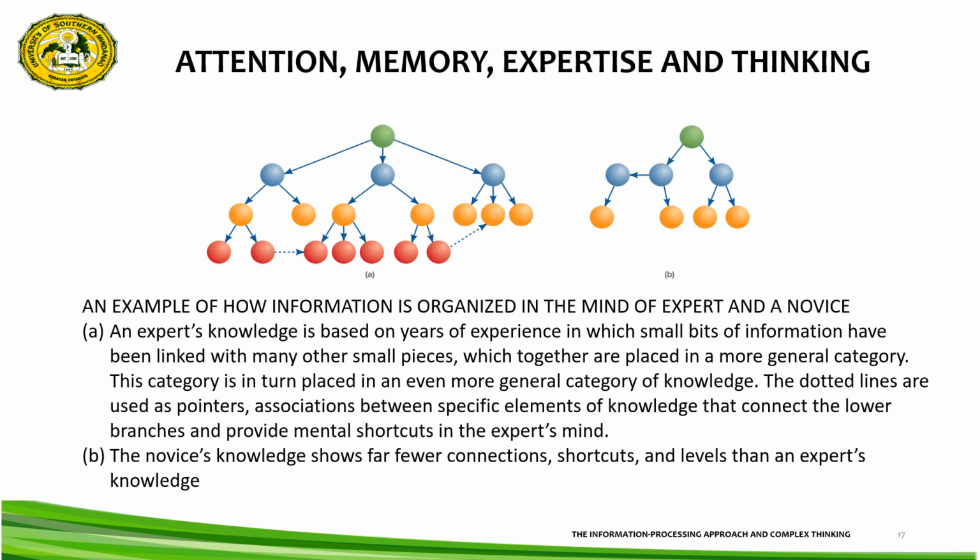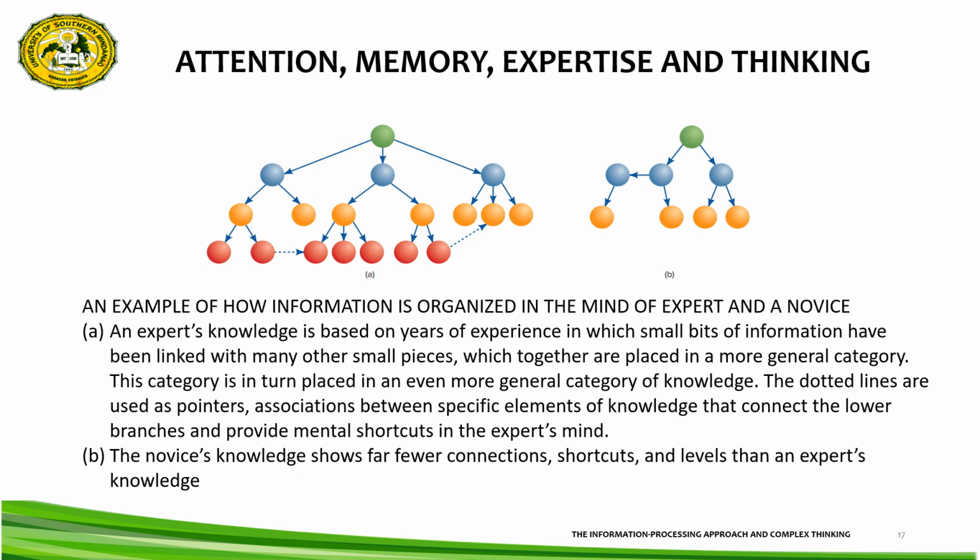And for us to have a better insight on how the minds of our experts are working, I have here a diagram that compares the mind of an expert and a novice. Okay, so the diagram is an example of how information is organized in the mind of an expert and a novice.